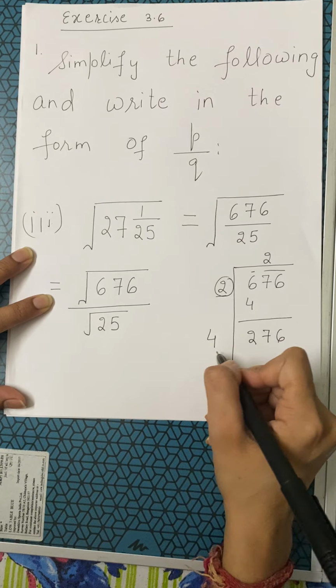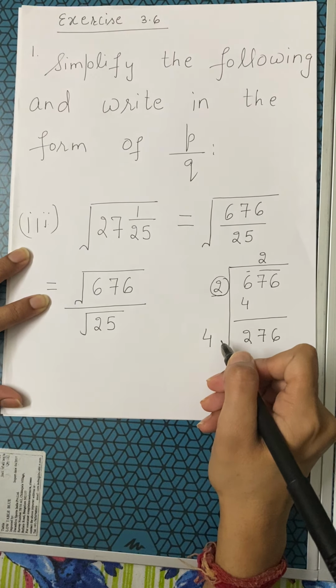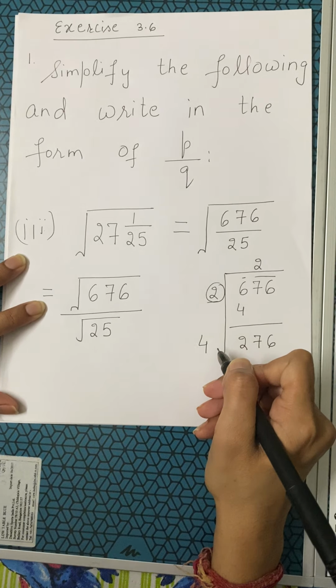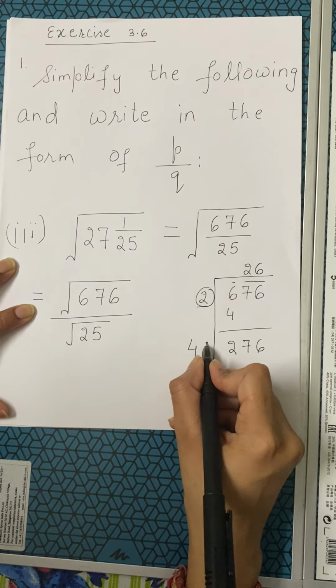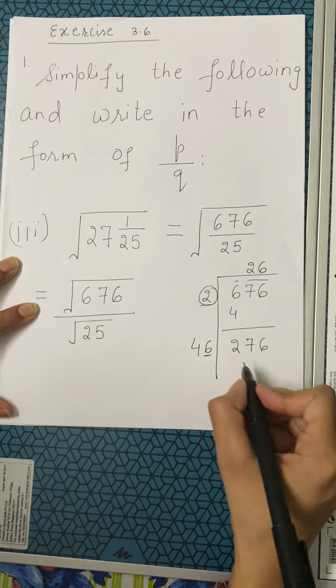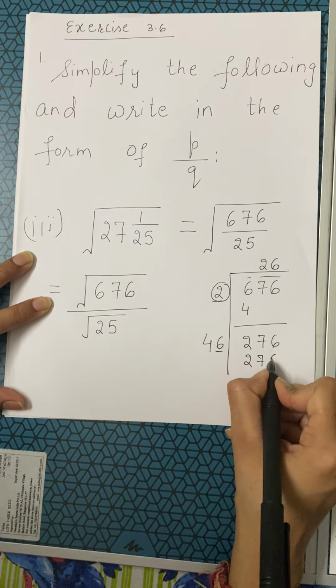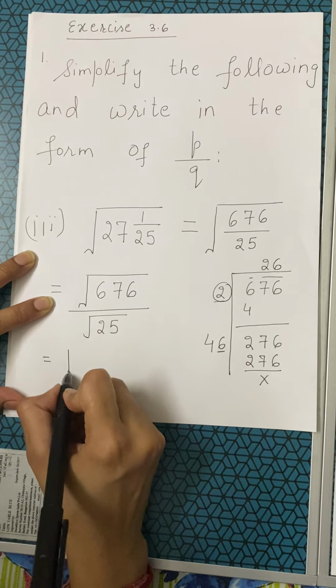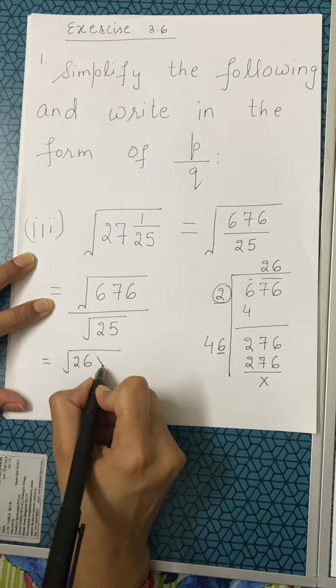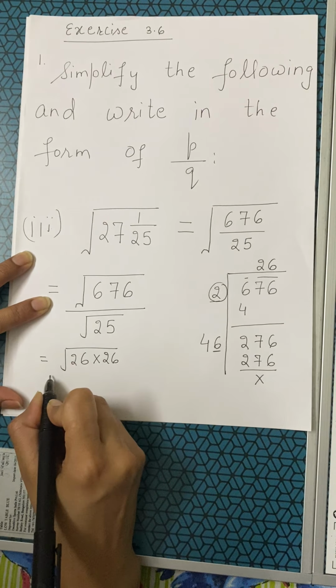Now when I try to solve this, I found that this number will be multiplied by 6. So let's write 6 here. It will be 276. Therefore square root of this number I can write this way as well, 26 into 26.